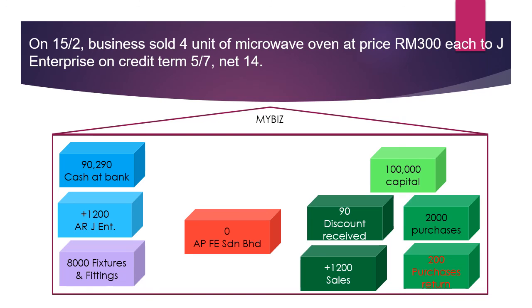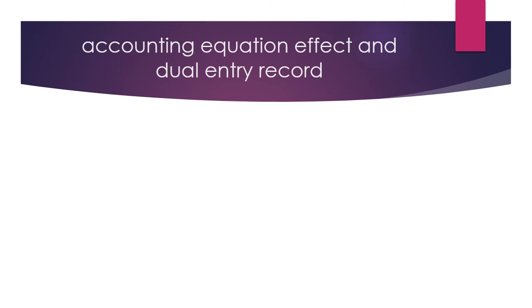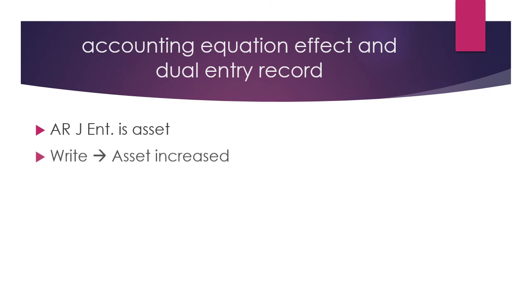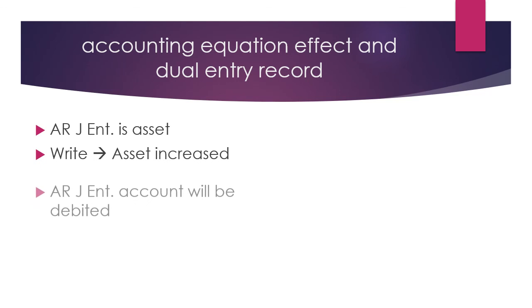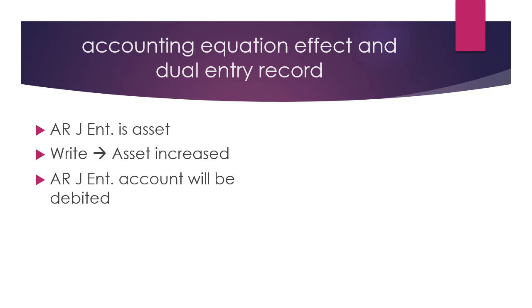So you can write the accounting equation effect and the dual entry record as AR J Enterprise in asset, because the customer owes us the money. So you write asset increased, so the account of AR J Enterprise will be debited. So you write DR AR J Enterprise.